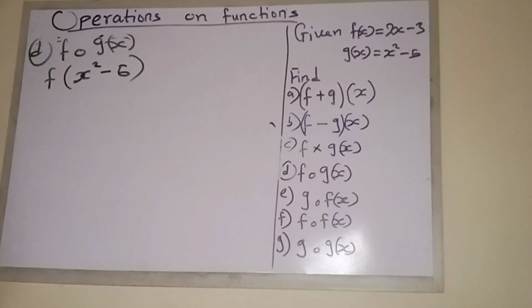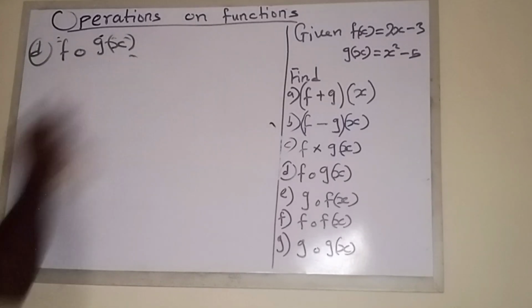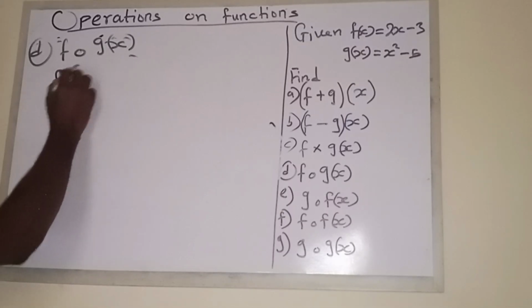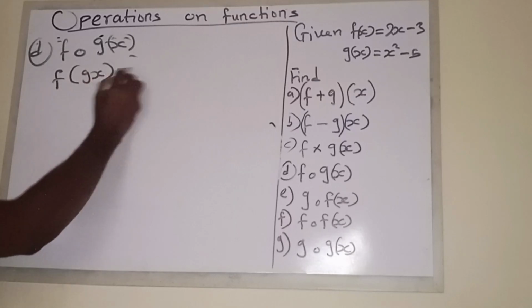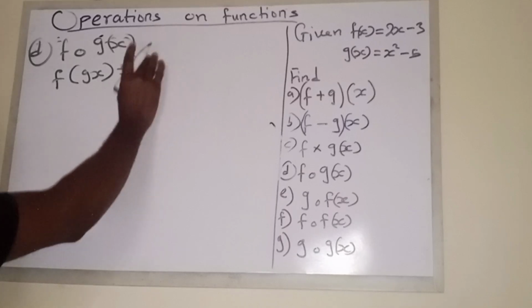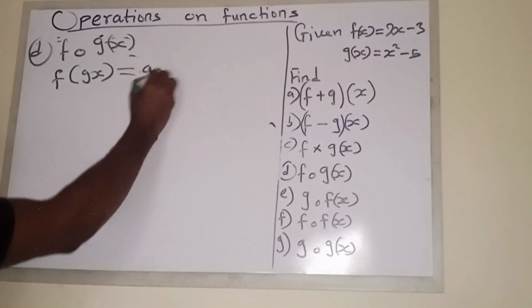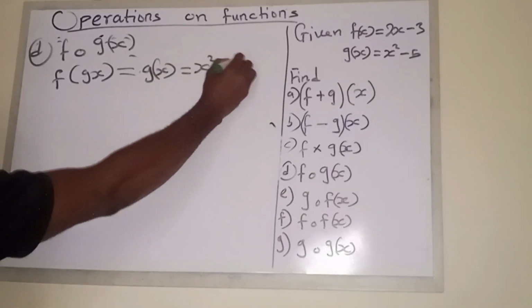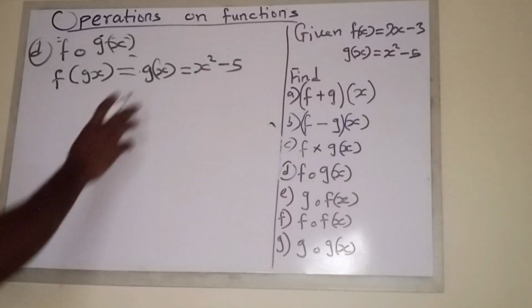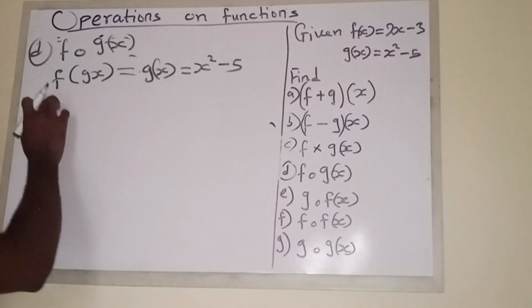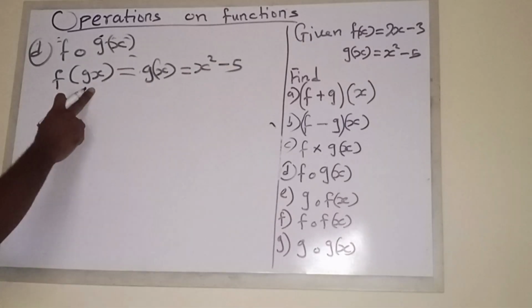Or better still, let's write it down and say that f into bracket g of x is the same thing as f of x squared minus 5. So at this point, we know our g of x to be x squared minus 5. What is our f of x?